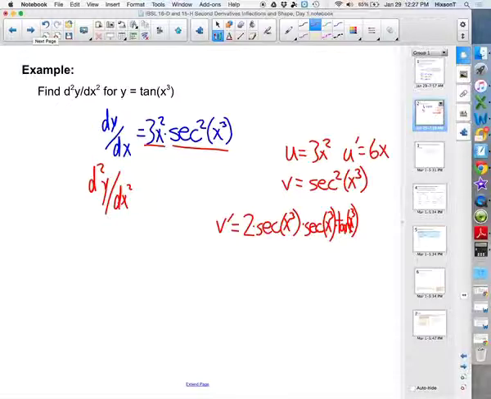That's why this stayed a secant of x cubed, just to the first power now. Here the x cubed stays the same because we're just doing the derivative of secant, which is secant times tangent. Then we go to our innermost function, times 3x squared. So it's got the double chain rule.